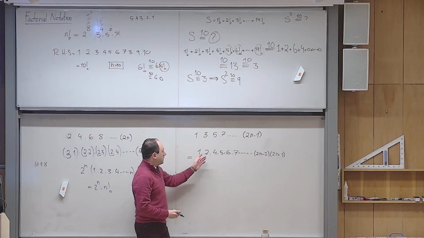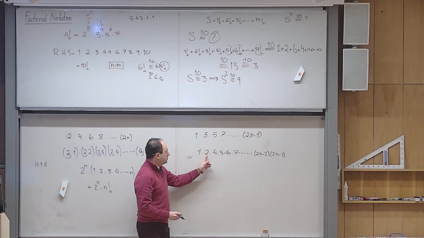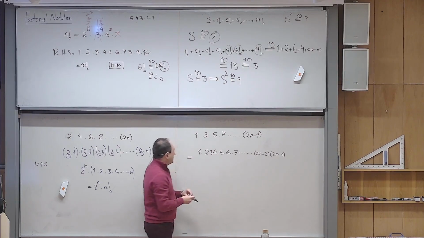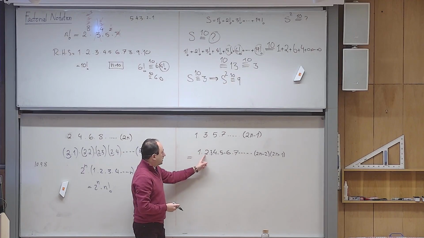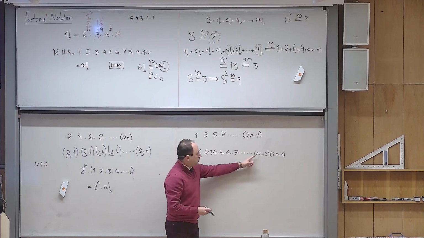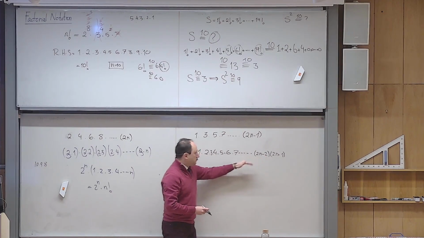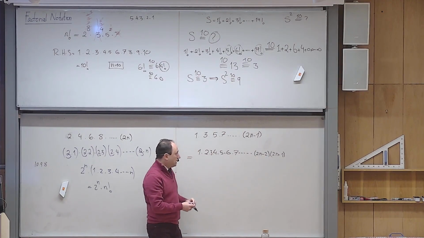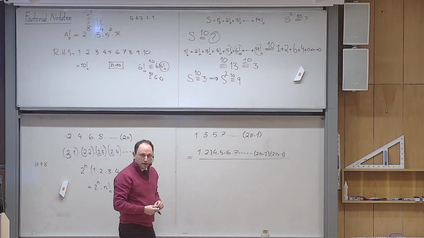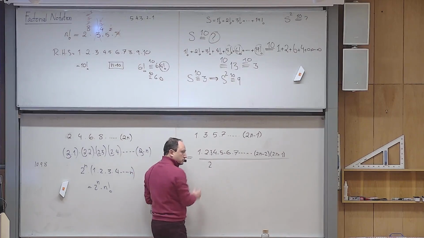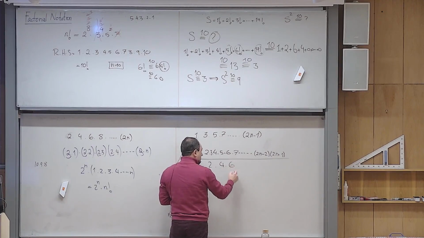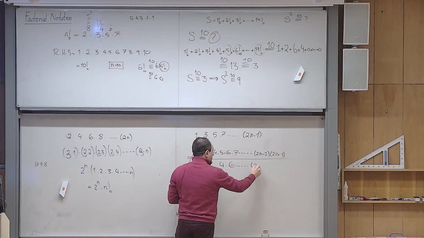What I did, I multiplied an extra 2, I multiplied a 4, I multiplied a 6, and I also continue to multiply 2n minus 2. But to compensate for the change that I made, I divide by everything that I multiplied. So it means that I divide by a 2, I divide by a 4, I divide by 6, and I divide also by 2n minus 2.